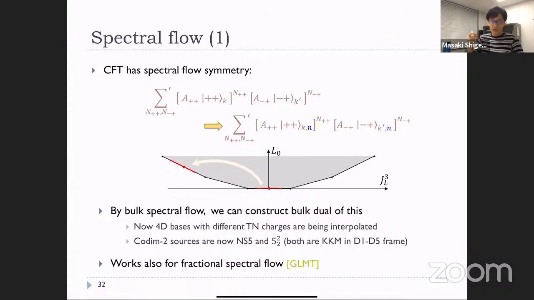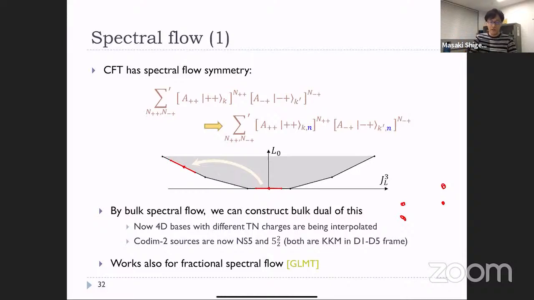And now this is a bit more interesting because now we are interpolating between 2 different 4D bases with different Taub-NUT charges at the 2 ends. So you have some structure of poles in V, and that structure is changing.